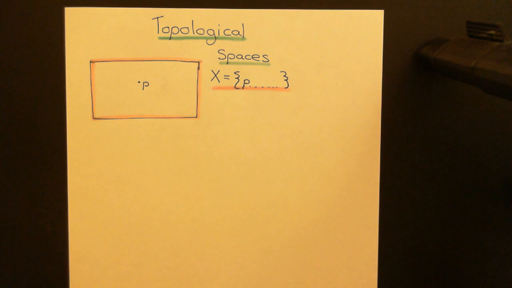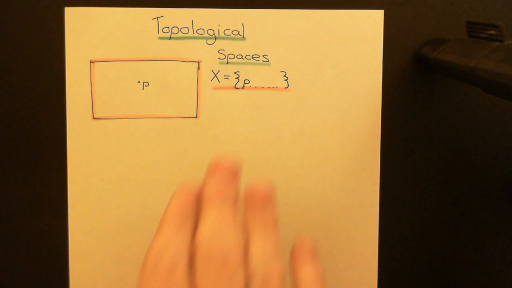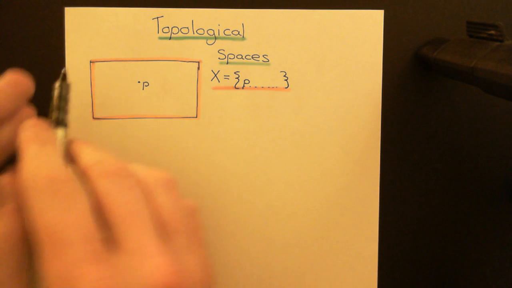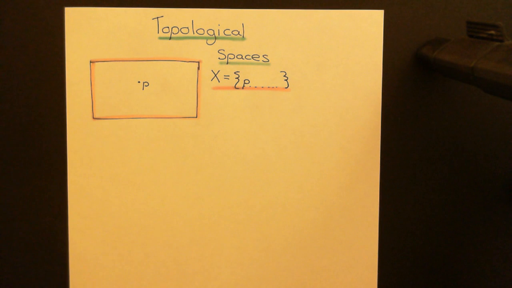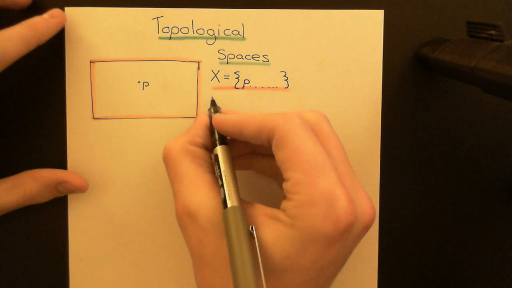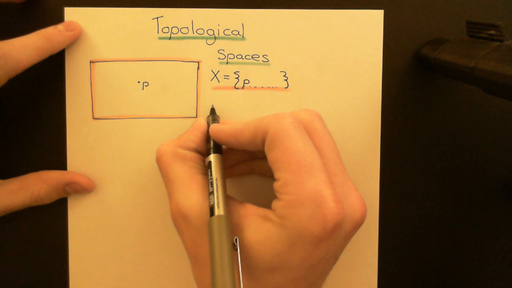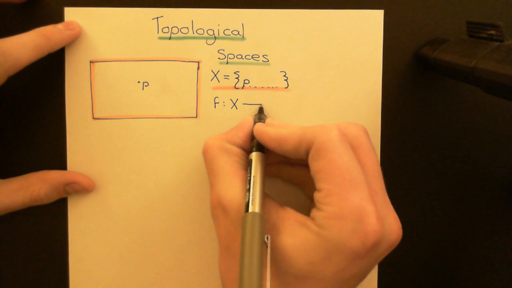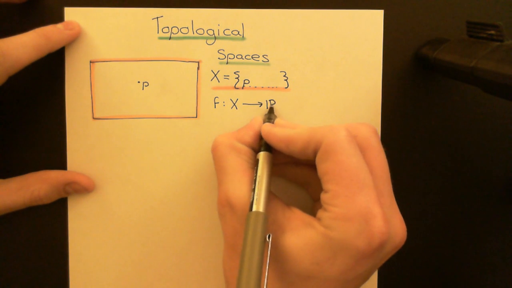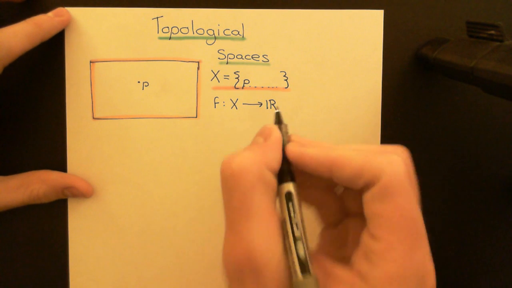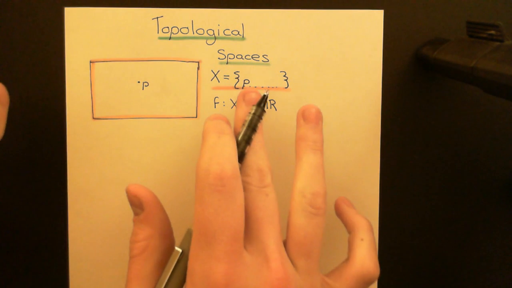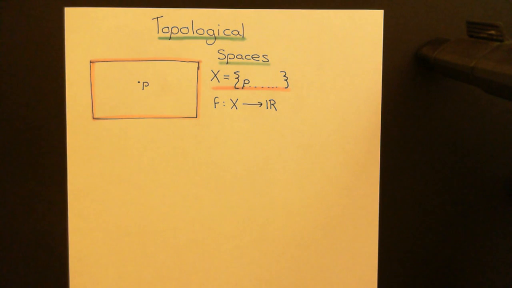Okay. In addition, you can set up functions using this. So for instance, the points of this plane might all have a temperature. So I could set up a function which we might call f, which could map this set X onto the real numbers, specifically the positive real numbers if we're working in Kelvin rather than degrees Celsius, and it would then ascribe to every single point the real number which is the temperature.